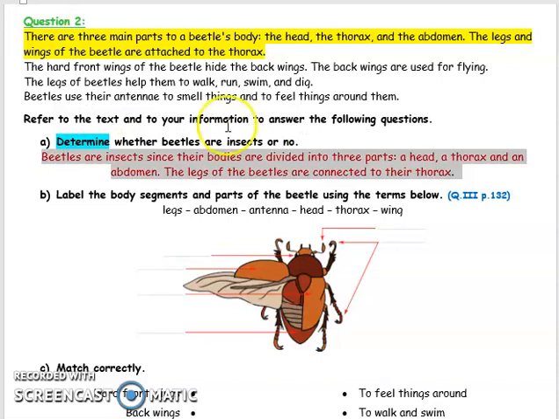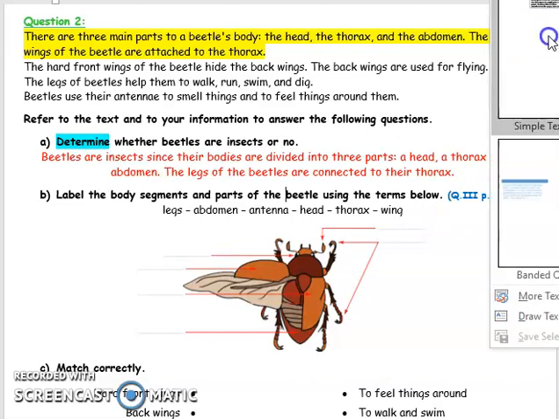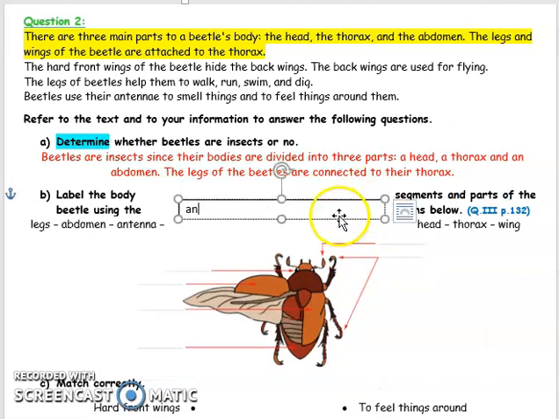Okay? Let's label the body segments and parts of the beetle. We have terms. I think we will not need them. You know them. Let me start with the antenna.